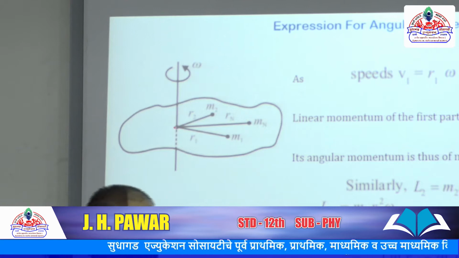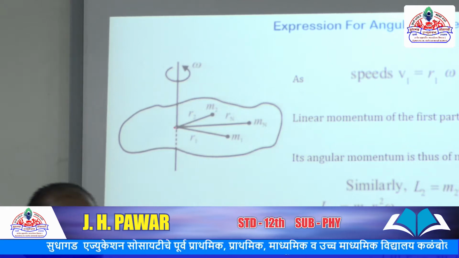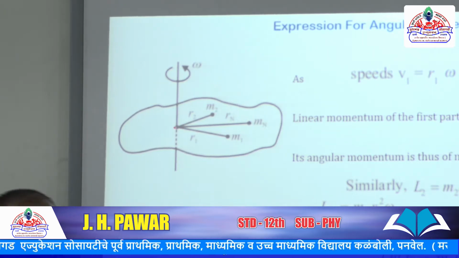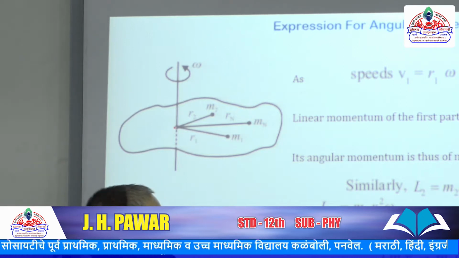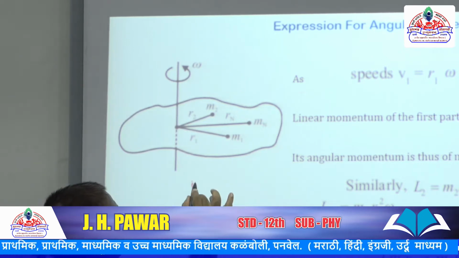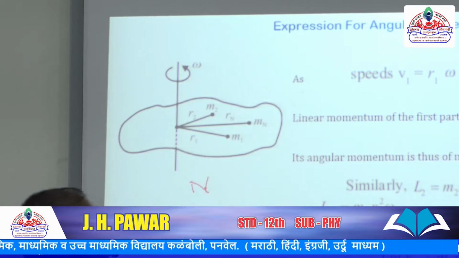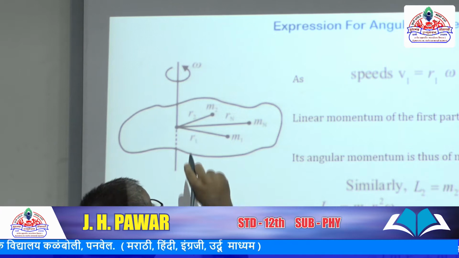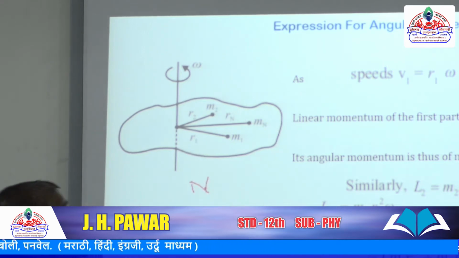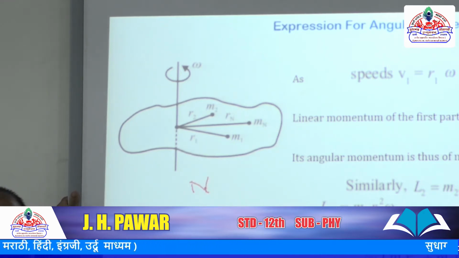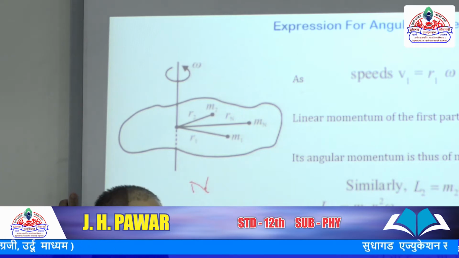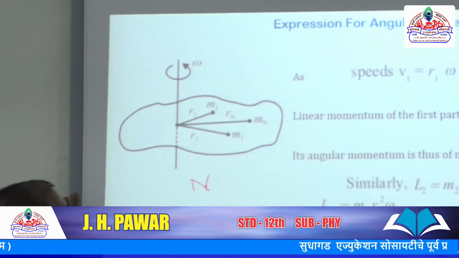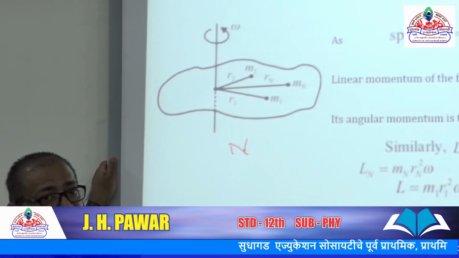For theoretical simplification, let this object consist of n number of particles of masses m1, m2, m3 up to mn, and their perpendicular distances from the axis of rotation are r1, r2, r3 up to rn.